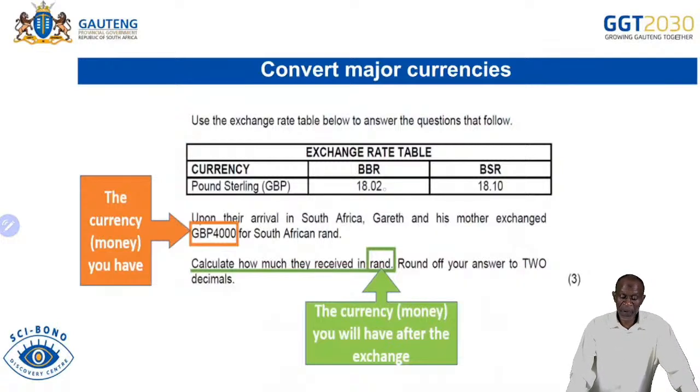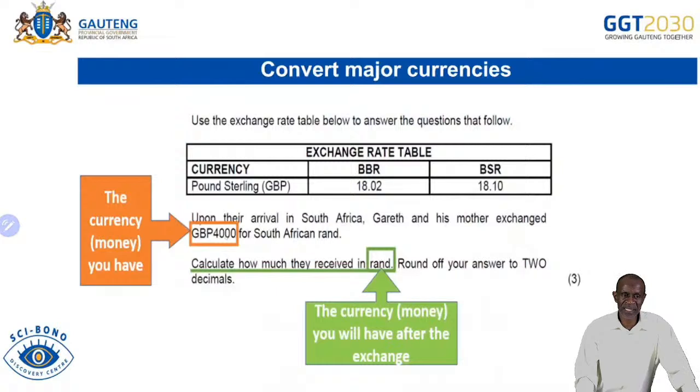What is going to happen here is that because they have a foreign currency, the local banks will have to buy the foreign currency from them.